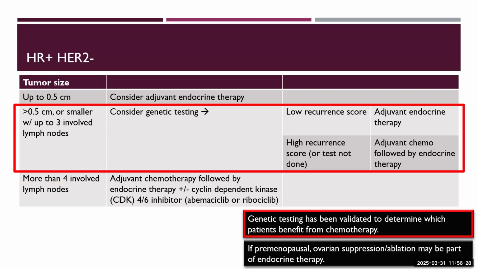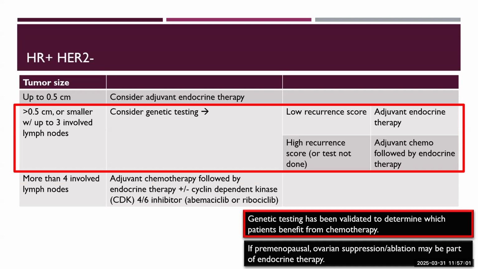If they have a larger tumor, so greater than 0.5 centimeters, or smaller with up to 3 involved lymph nodes, we want to consider genetic testing, and this genetic testing has been validated to determine which patients benefit from chemotherapy. So if we can avoid chemotherapy, that's great because there are risks associated with giving chemotherapy, but for some patients it is indicated. So if they have a low recurrence score, then chemotherapy would not be indicated and you would just do adjuvant endocrine therapy.